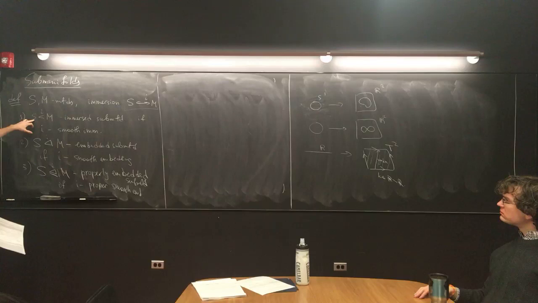Whereas continuity is only: for a set that's open here, its pre-image is open, which is not the same. Continuity is the back direction and open is the forward direction: the image of an open set is open.